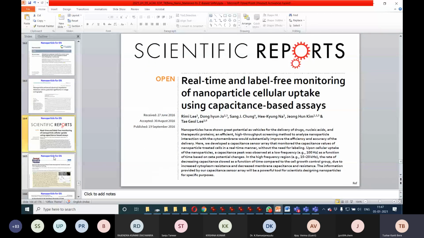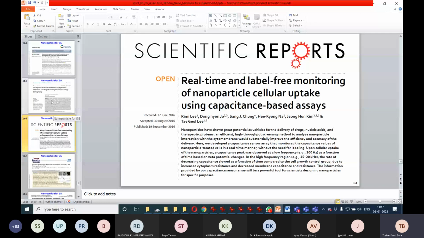Then we go for impedance spectroscopy. So wherever impedance spectroscopy is not suitable for getting enough sensitivity, nanoparticles are applied in this domain. So the major domains are civil, mechanical, and aerospace.